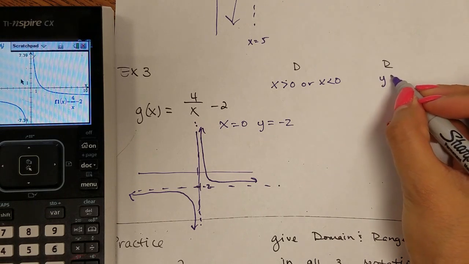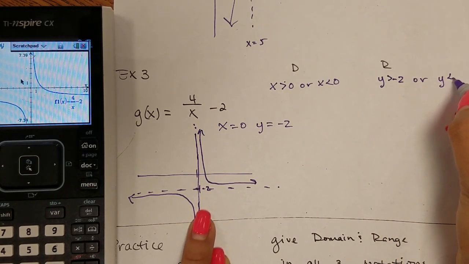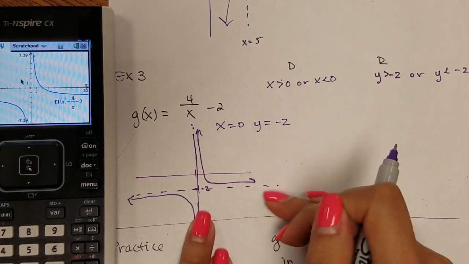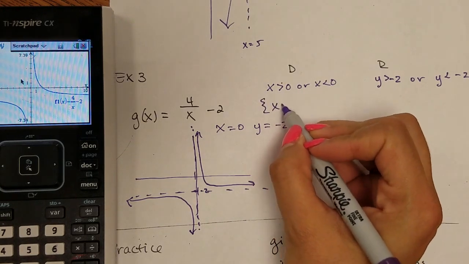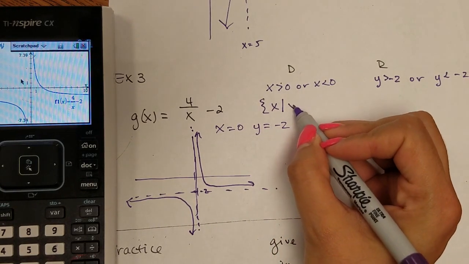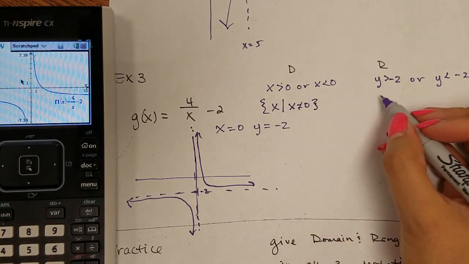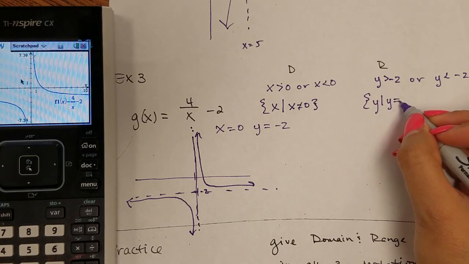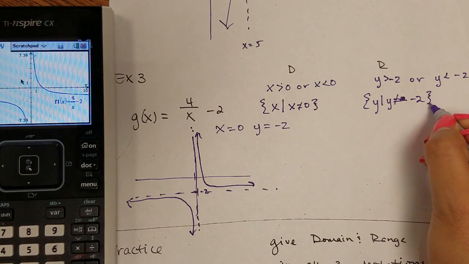For y, y is going to be greater than negative 2 or less than negative 2, because this is y equals negative 2 here. For our set notation, we have all values for x except for x equals 0, right? So x cannot equal 0. For a range, we have all values for y except for y equals negative 2.